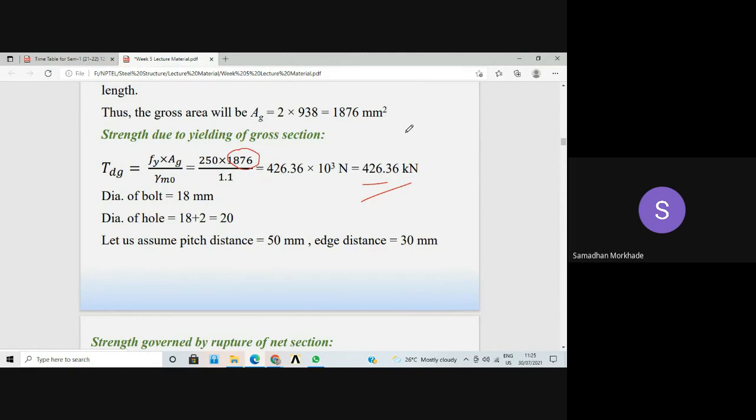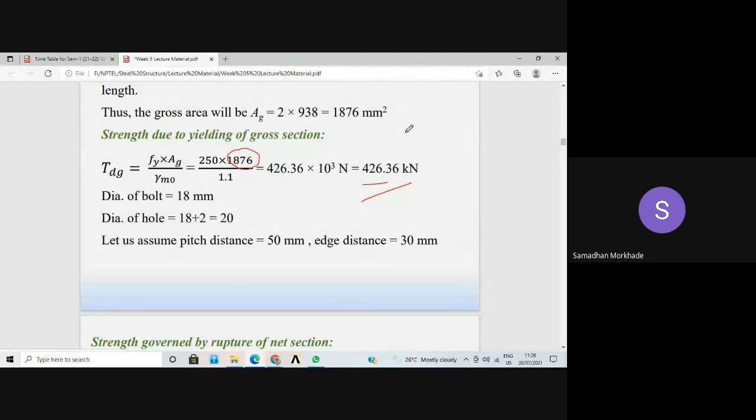But there is no need to calculate the area of the sections, because we are using the steel table or IS 808. In that steel table, IS 808, all the properties of the sections are given, like cross-sectional area, moment of inertia, that is Ixx, Iyy, radius of gyration, width of flange, thickness of flange, thickness of web, R1 radius, root radius, and toe radius.